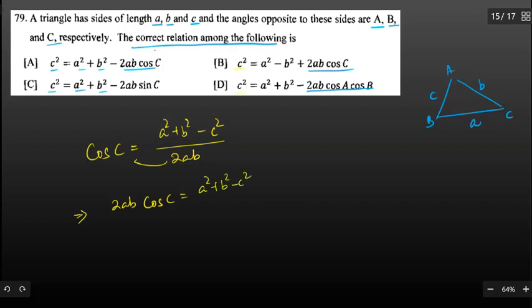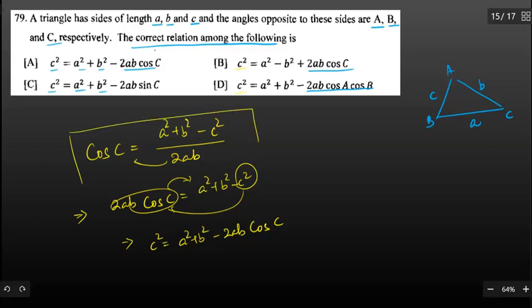Since everything is expressed in terms of c square, let us take c square to one side and bring this term to the other side. So we have c square equals a square plus b square minus 2ab cos C. Okay, this is a trigonometric equation of a triangle with this kind of arrangement, where the opposite sides are named according to their opposite angles.